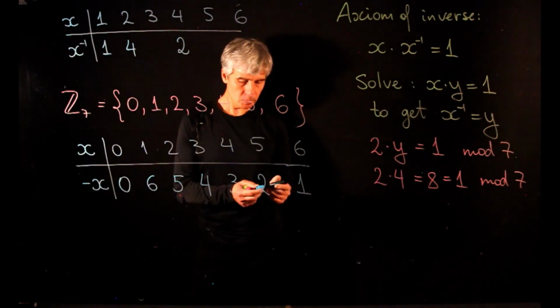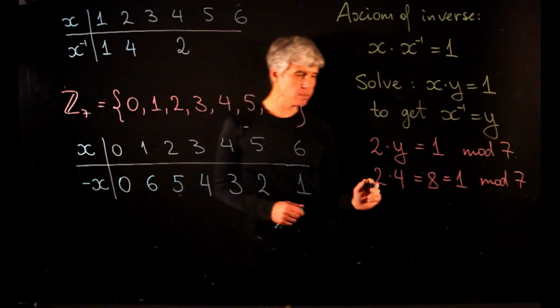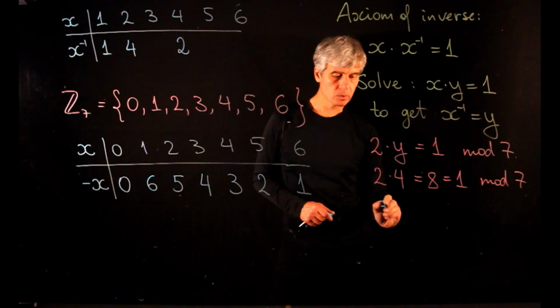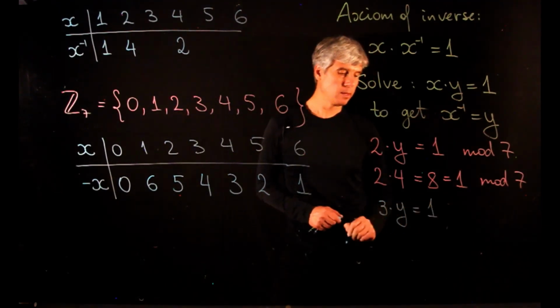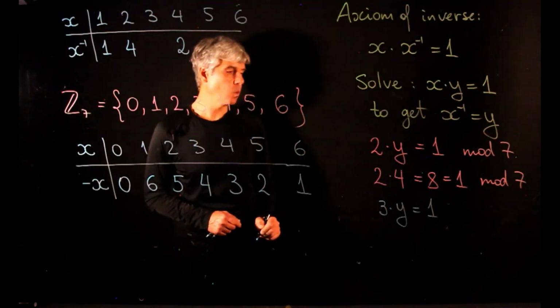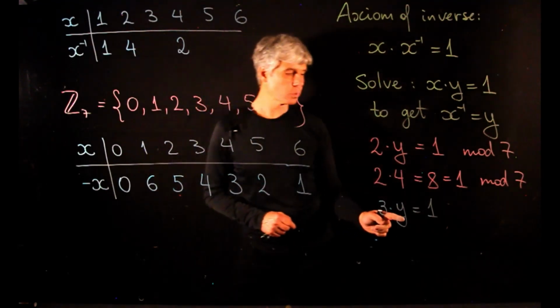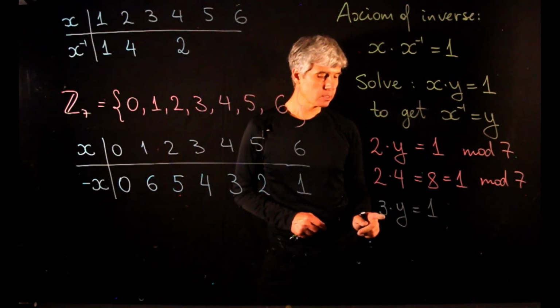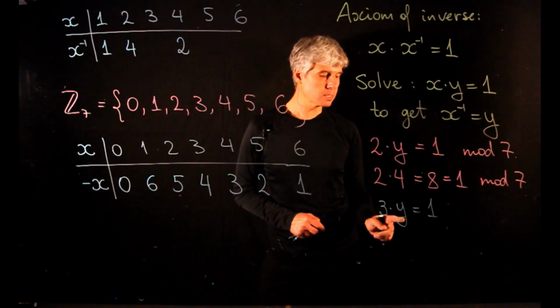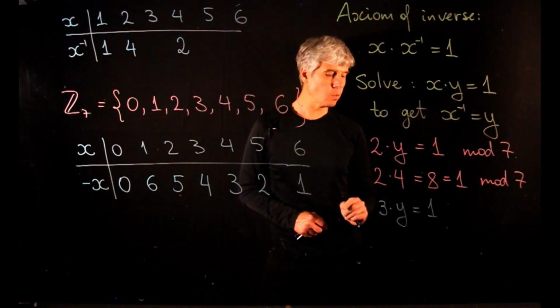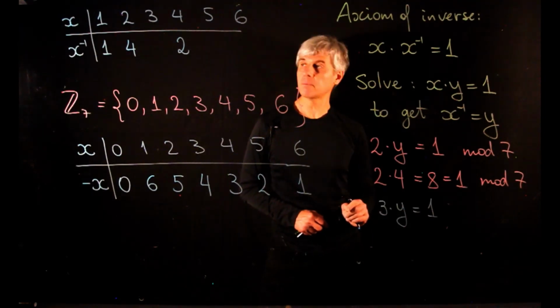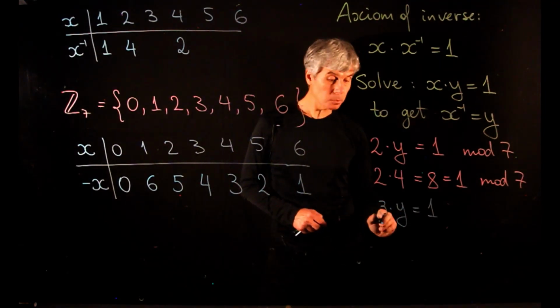Then, what is the inverse of 3? So now we need to solve 3 times y is equal to 1. Right? So what integer should we take so that if we multiply 3 times this integer and take the remainder after division by 7, we get 1? And so this integer is equal to 5.